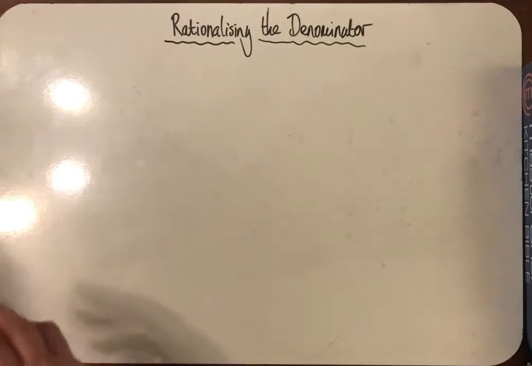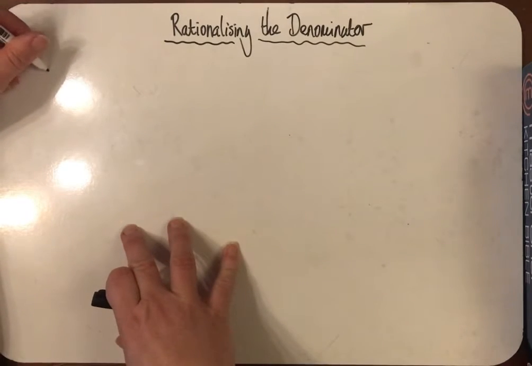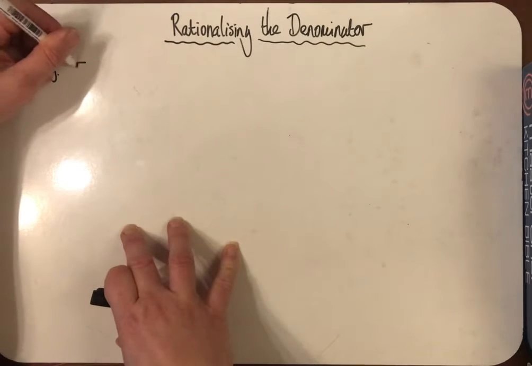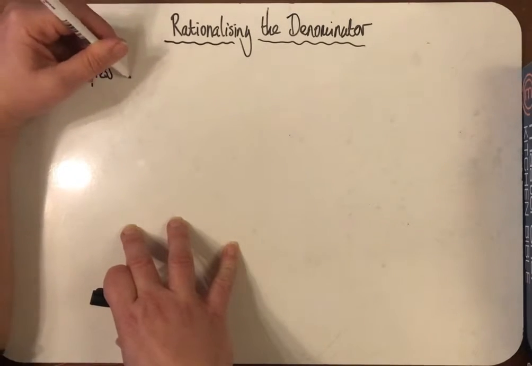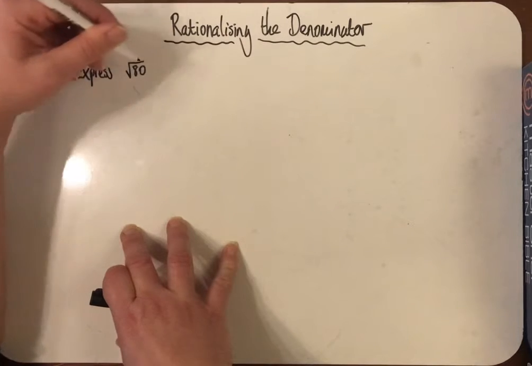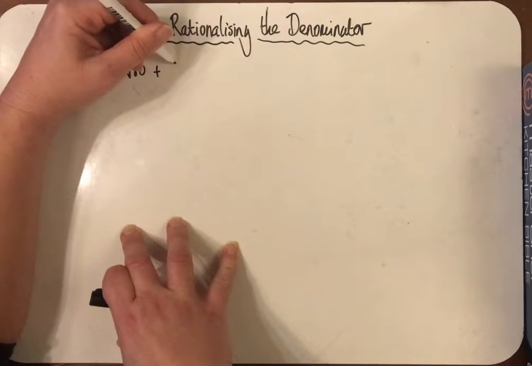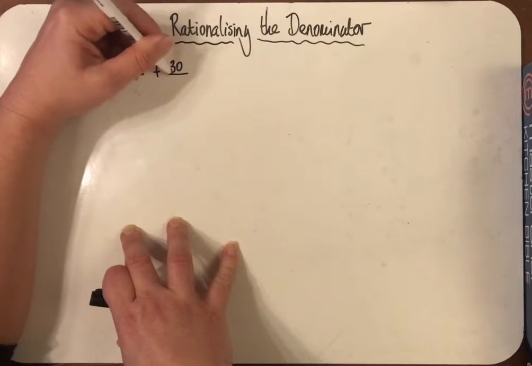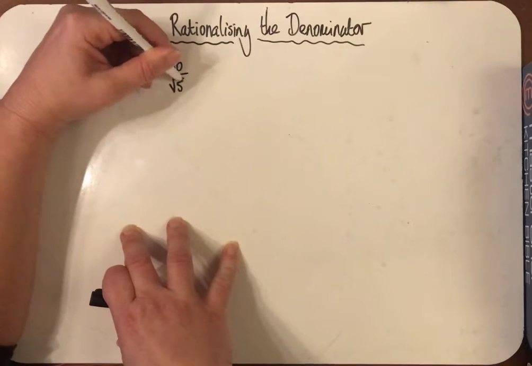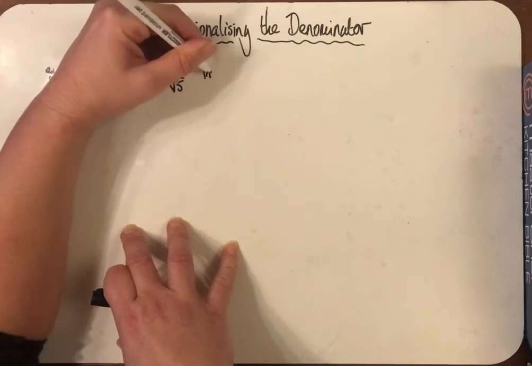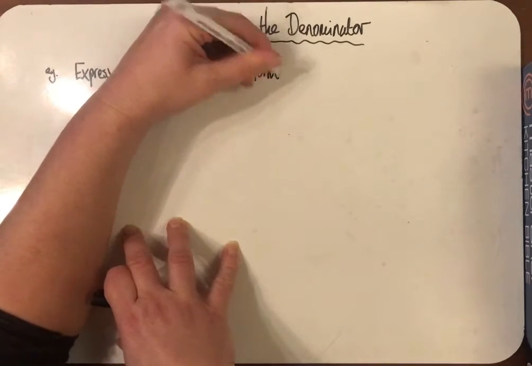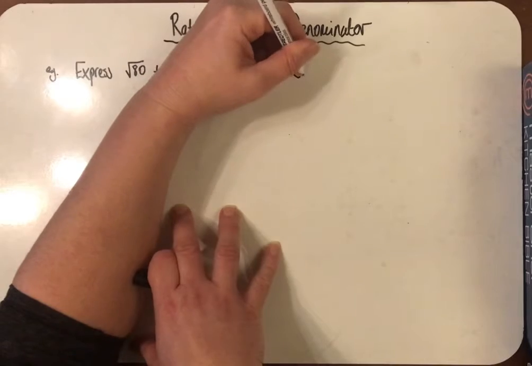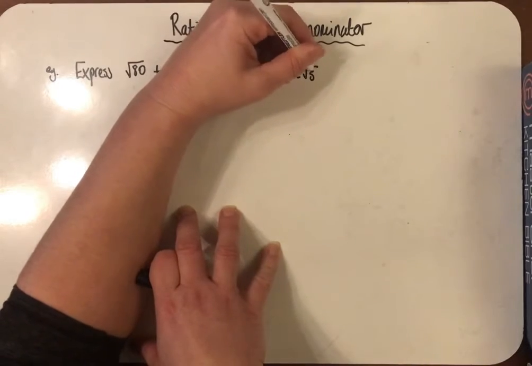Okay, rationalising the denominator. So, as an example, we can express root 80 plus 30 over root 5 in the form c root 5.